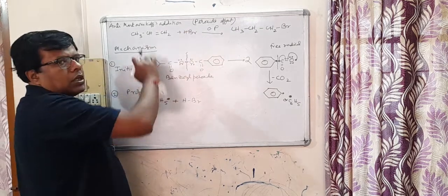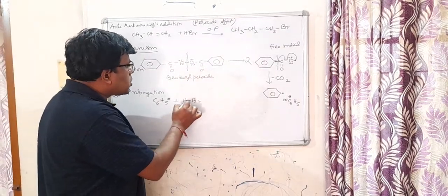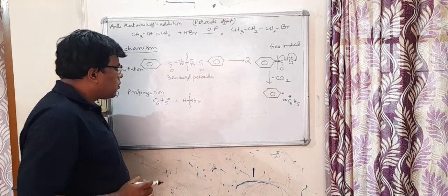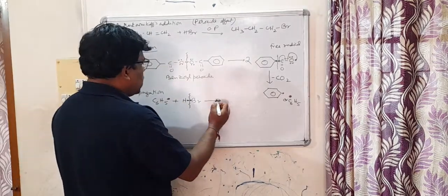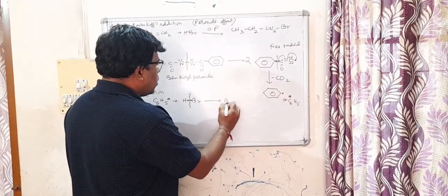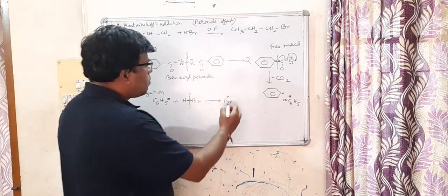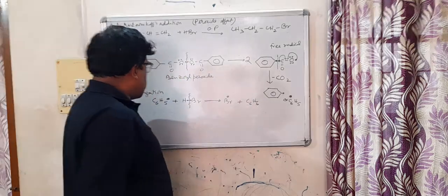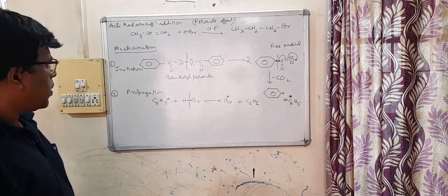HBr is the addendum in this reaction, and again there will be homolytic fission, and we will get a bromine free radical plus C6H6. So there is formation of bromine free radical.